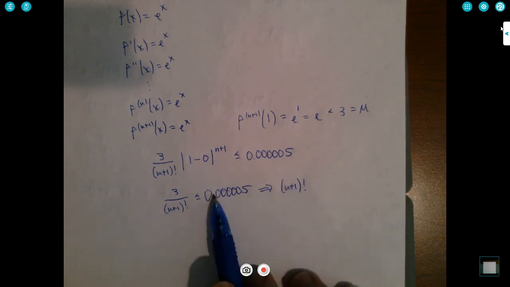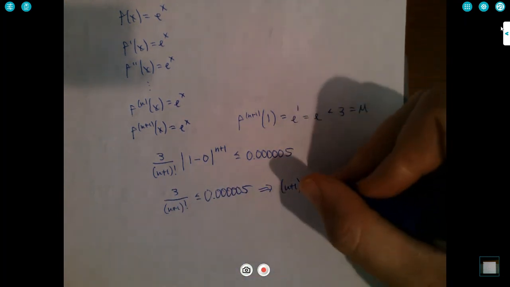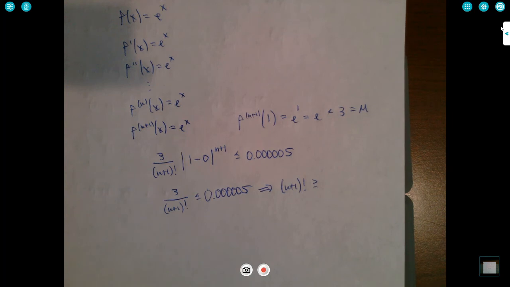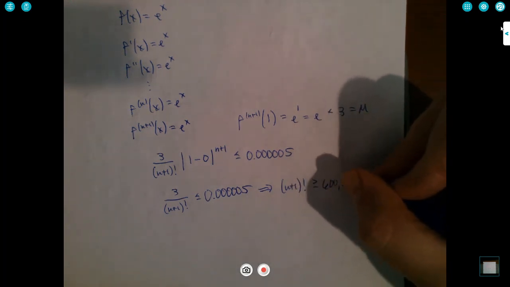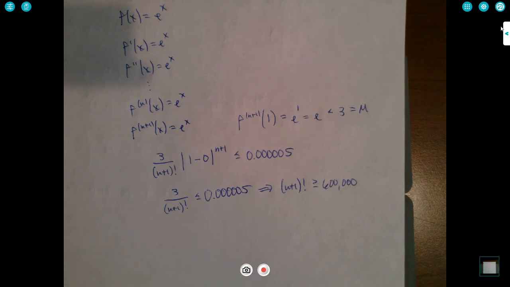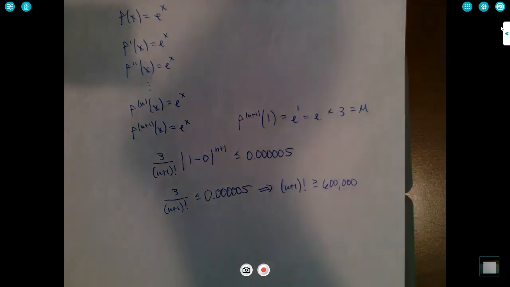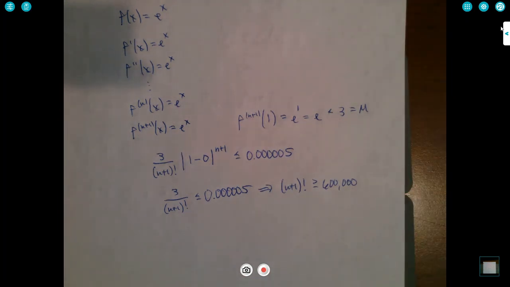So n plus 1 factorial is really on this side now, so it's greater than or equal to 3 divided by 0.000005, which is 600,000. Okay, so we need n plus 1 factorial to be greater than or equal to 600,000.